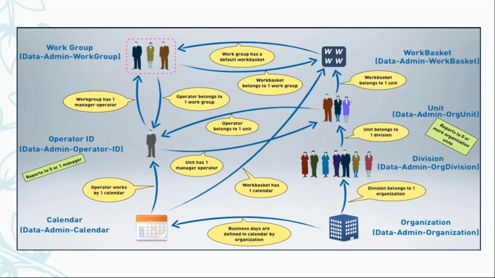The persons are associated with the work group, so whatever is available in the work group, they are able to work on. All the work baskets associated with that work group are available to all the persons associated with it. If a work basket is not associated with the work group, the person will not have access to that work basket.